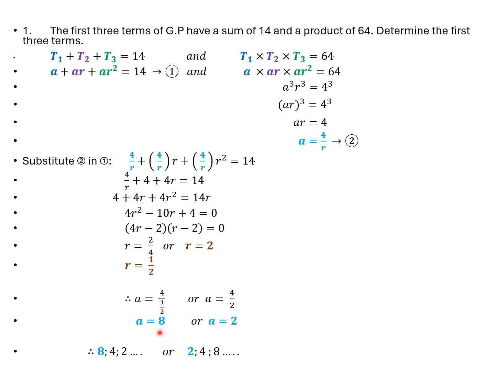So a equals 8 or a equals 2, and my first three terms can read 8, 4, 2, or 2, 4, 8. That is my first three terms of my geometric progression.